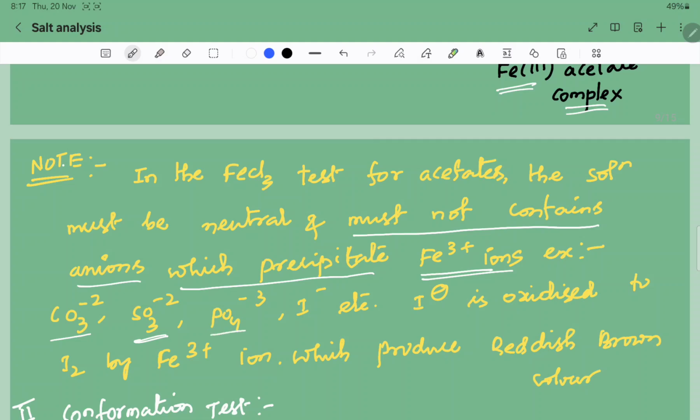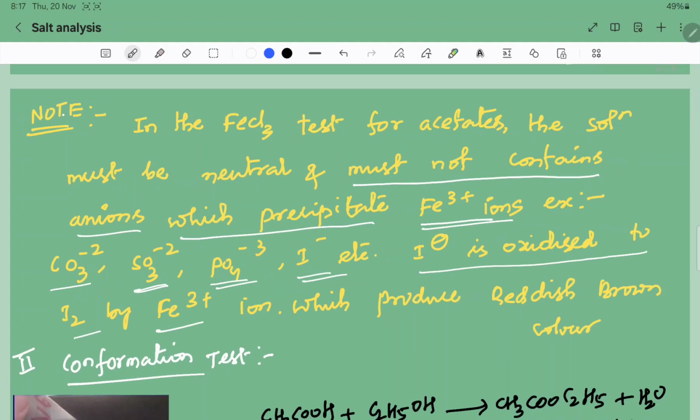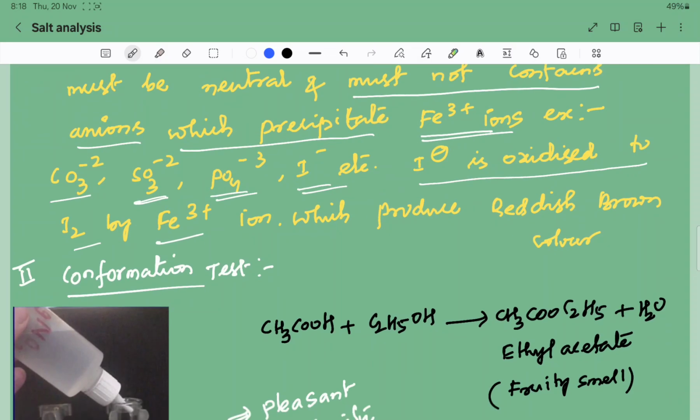I minus is oxidized to I2 by Fe3+ ion, which produces a reddish brown color. Iodine is generally violet in color, and here the color changes to this.